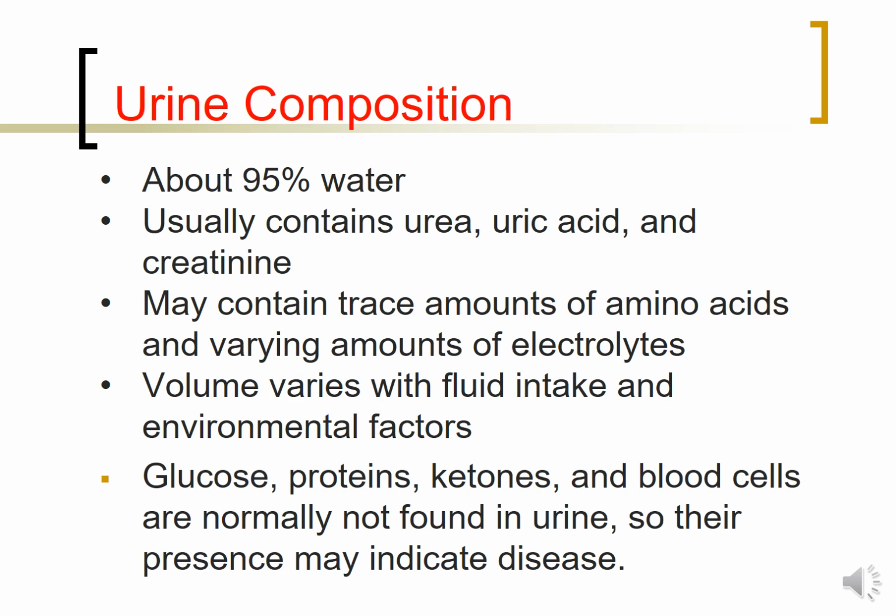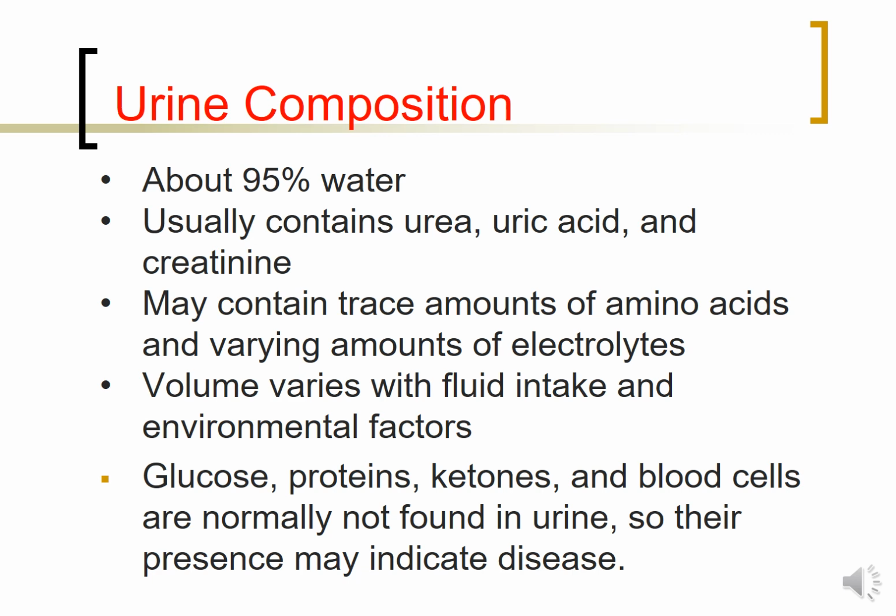Glucose, proteins, ketones, and blood cells are normally not found in urine, so their presence may indicate disease. Now, why am I saying may indicate disease? If you sat down and ate all your Halloween candy in one night, you might have some glucose in your urine the next day, because you're unable to reabsorb all the glucose in your bloodstream.